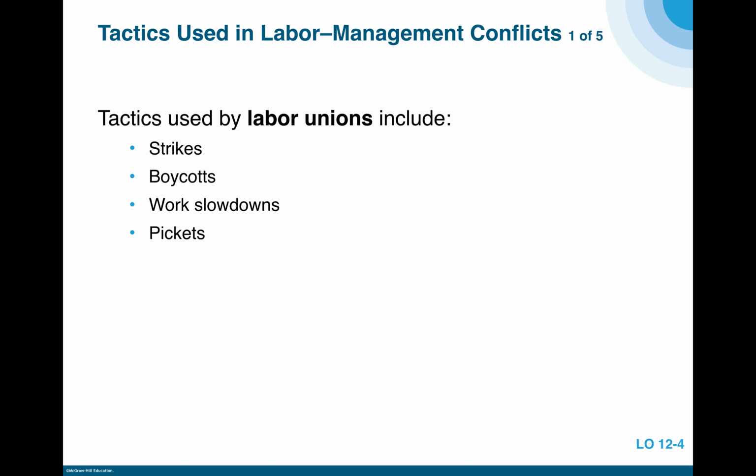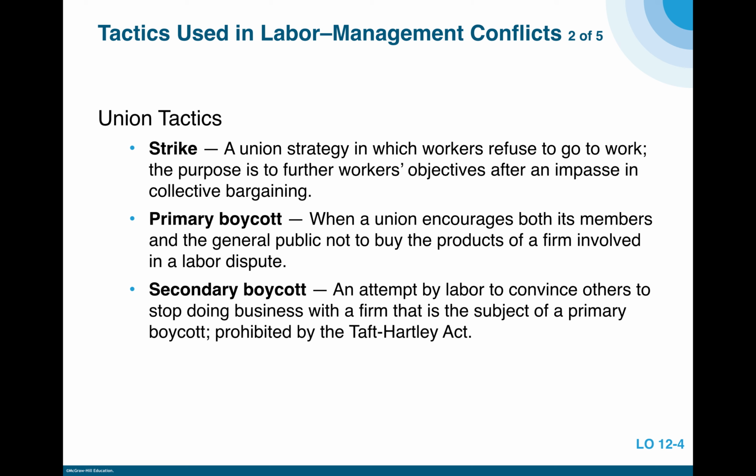Some of the tactics that labor unions use are strikes, boycotts, work slowdowns, and pickets, and we'll go over all four of those in the next couple of slides. A strike, probably most of you have heard about that. That's just a strategy in which workers refuse to go to work. The purpose is to further workers' objectives after an impasse in collective bargaining.